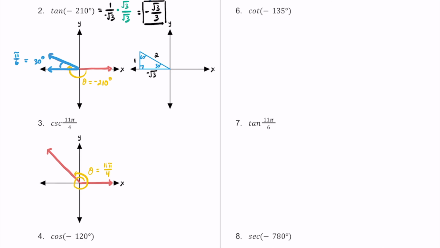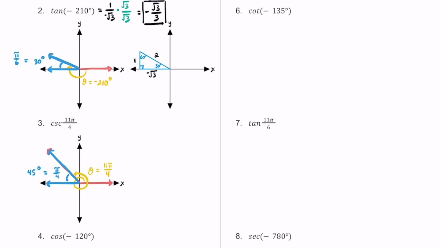Now that we know where this 11 pi over 4 is, we can go ahead and sketch our reference angle, which is in reference to the x-axis. So there's the x-axis, and here is where our terminal angle is. This is our reference angle, and that is going to be pi over 4. This is also known as 45 degrees, if that is helpful to know as well.